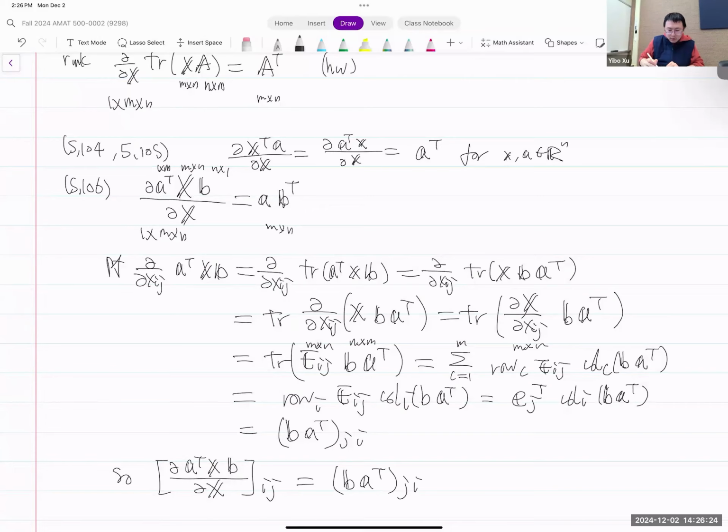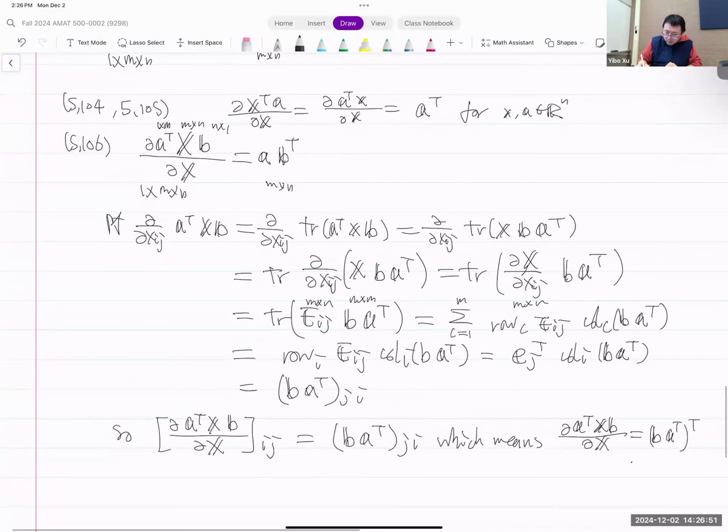This matrix taking the jth row ith column. So which means the entire matrix, these two matrices are transposed to each other. Okay, so that's the relationship here. So that's BA transpose, whole thing transpose, which is A B transpose. All right.